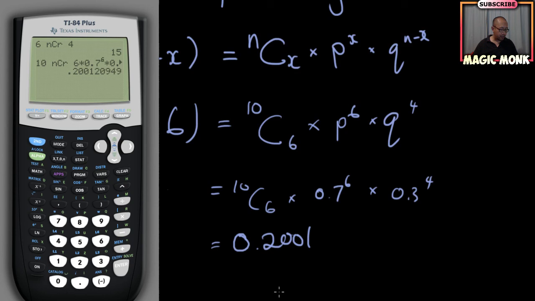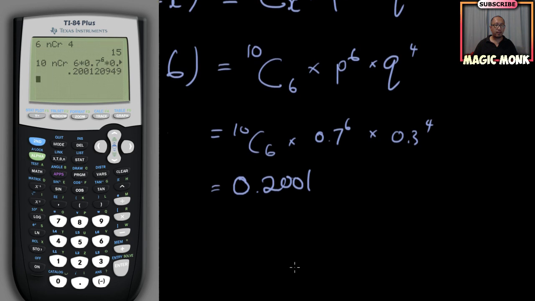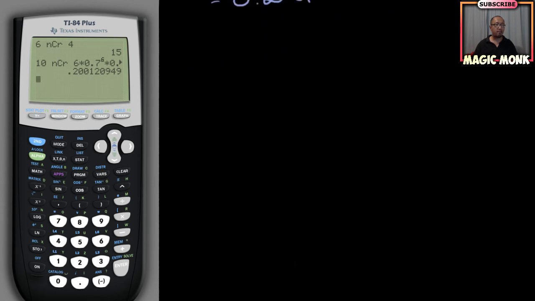So let's do a question and see if we can get it correct. Let's do a question out of the Maths Quest textbook.